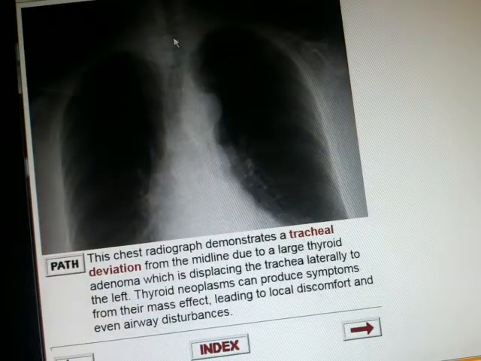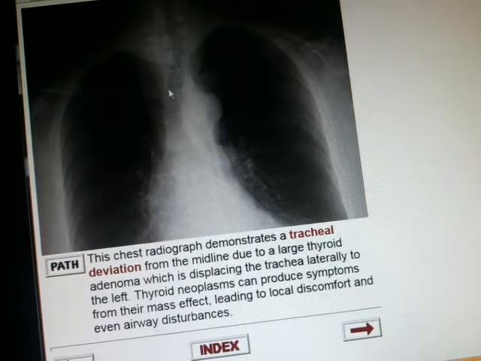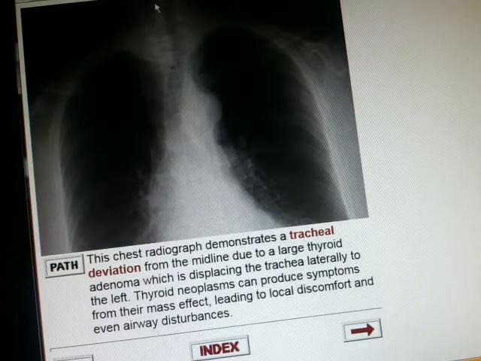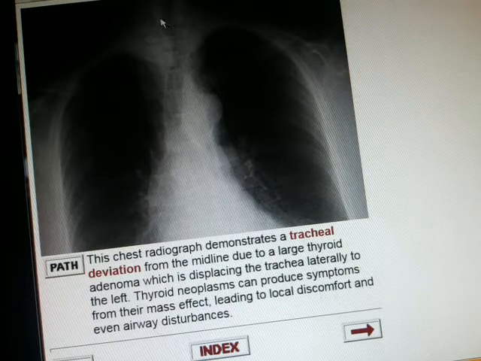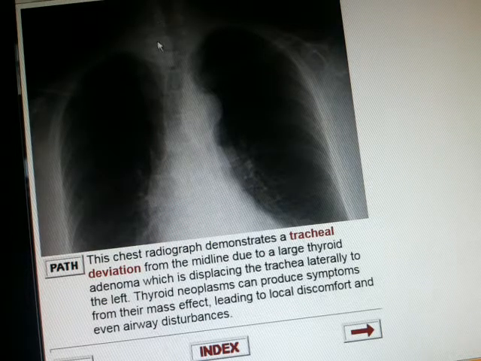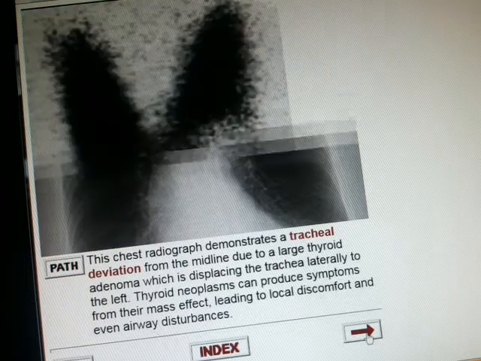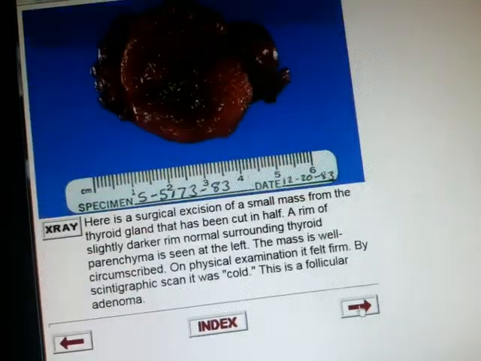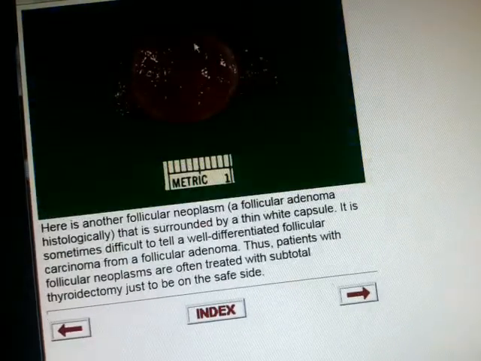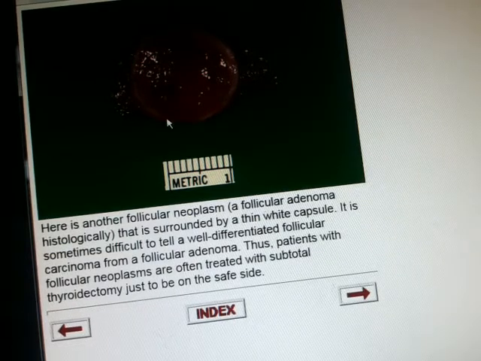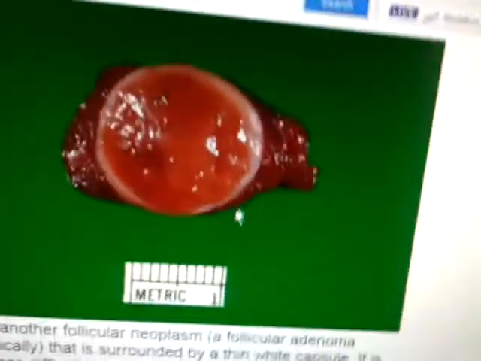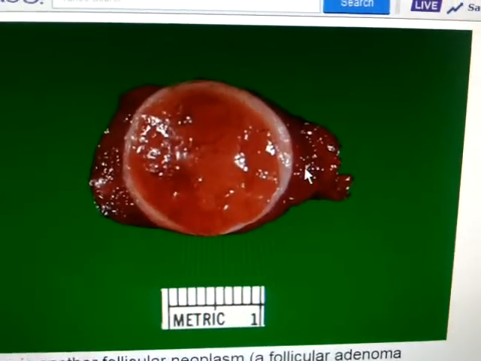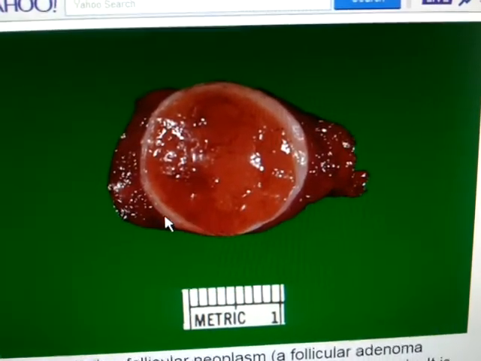Here, we can notice the deviation of the trachea due to asymmetrical enlargement of the thyroid gland. On cut surface, the follicular adenoma appears well circumscribed with a thin capsule.